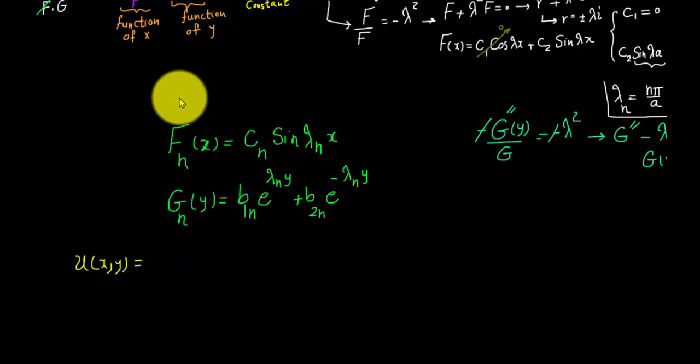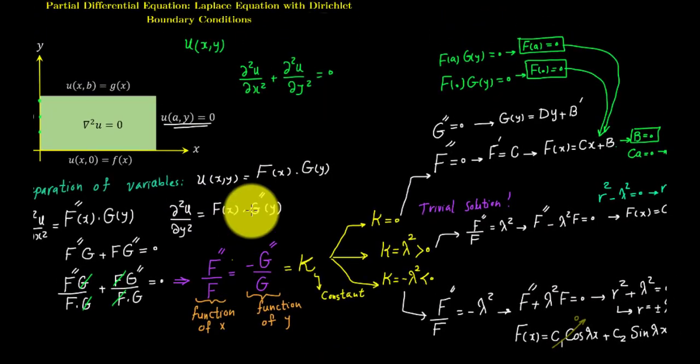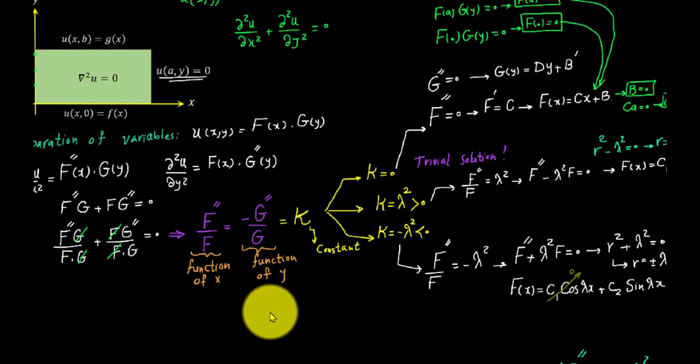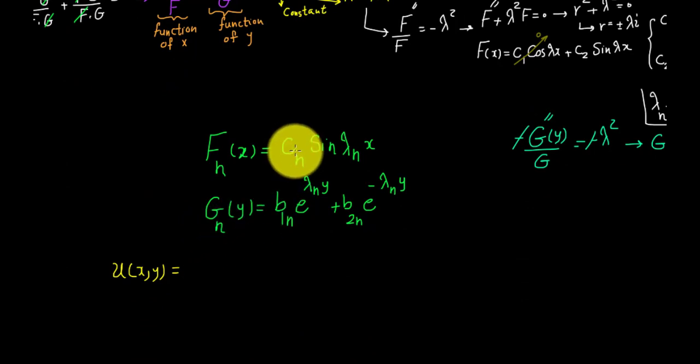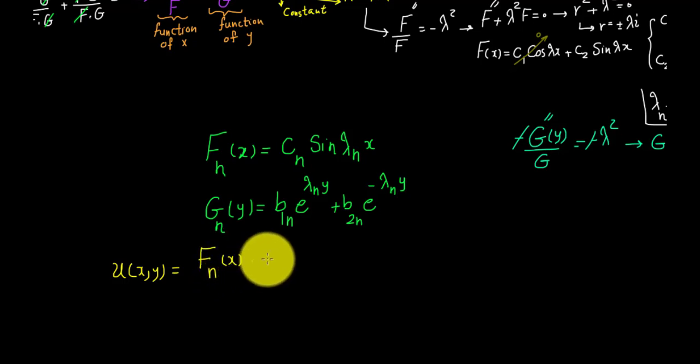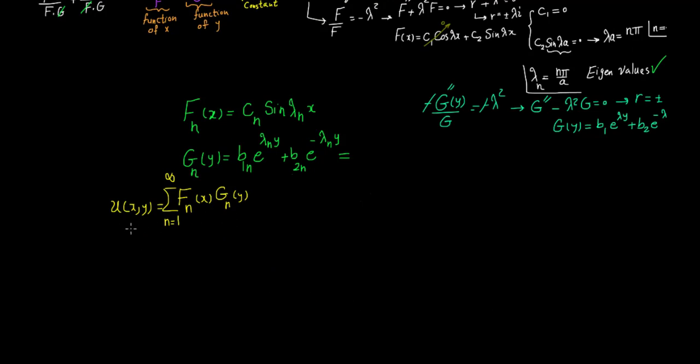And since the PDE Laplace equation is a linear operator, any linear combination of fn times gn will still be a solution. And that's why we will have a summation over all the n's. Before further expansion of this series, let's work on this capital Gn function.